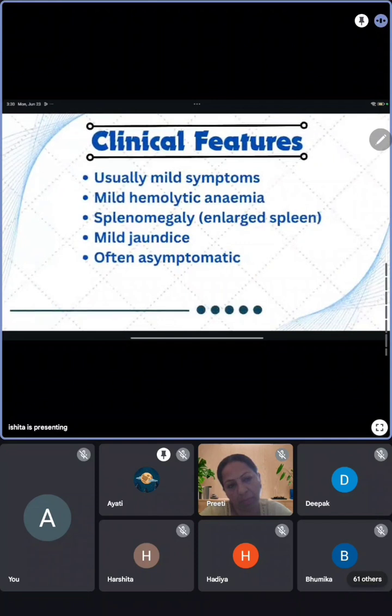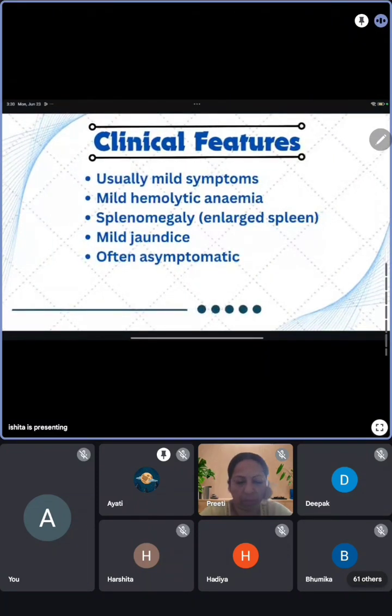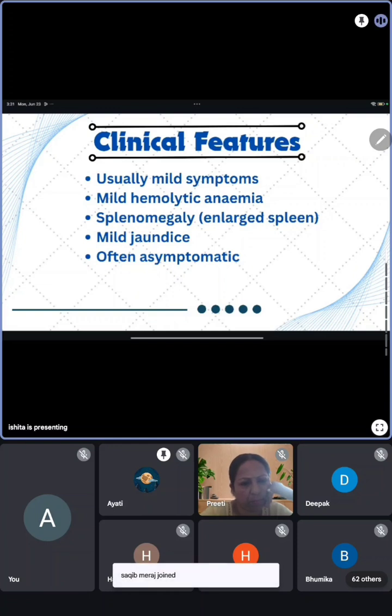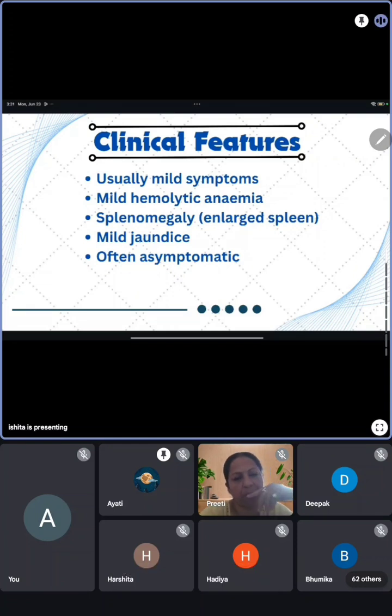What are the clinical features of this disease? Usually the clinical features are very mild, so no one can generally feel this. That is mild hemolytic anemia with symptoms like fatigue, pain, pale skin, shortness of breath, rapid heartbeat, cold hands or feet, headache, chest pain, and mild splenomegaly can be seen.